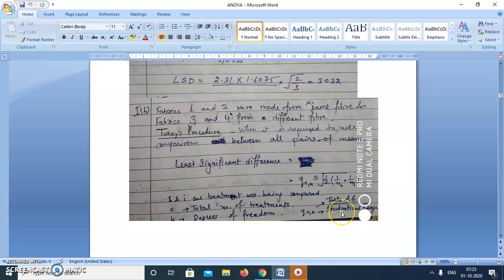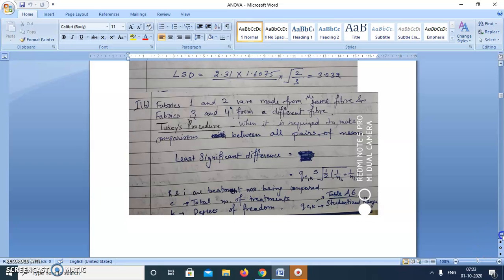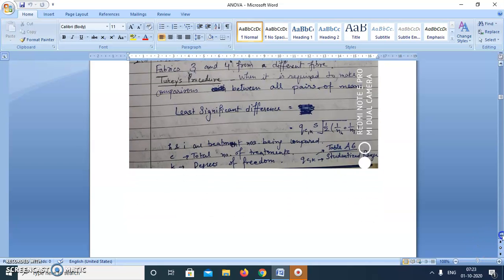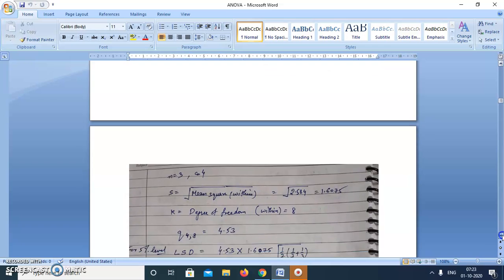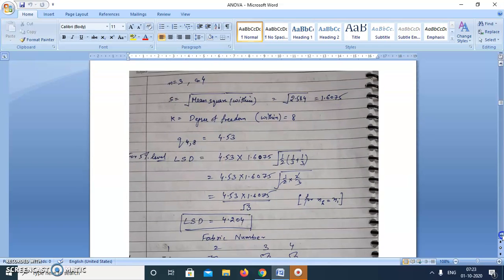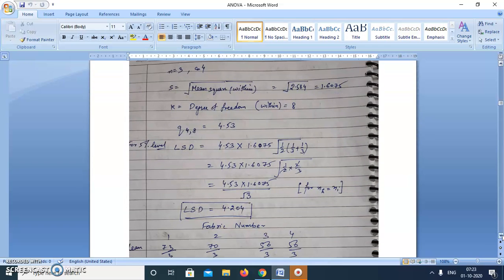A different table is given at the end of the book, table A6. You will have to refer to that. Okay, now I have shown the calculations here, and we find the least significant difference by the second method, that is the two-case procedure. It is 4.204.